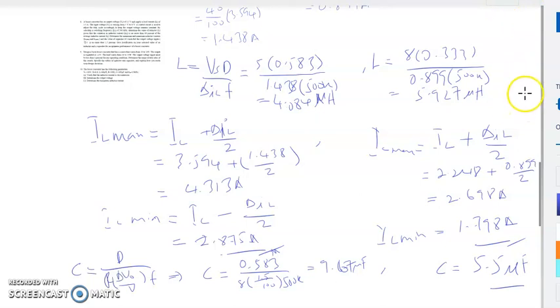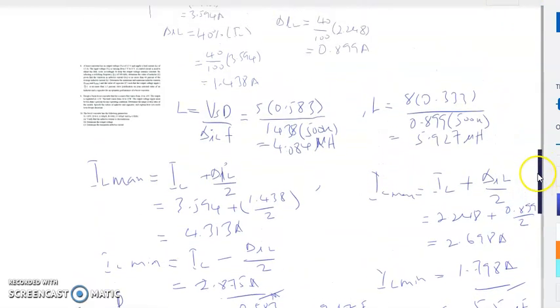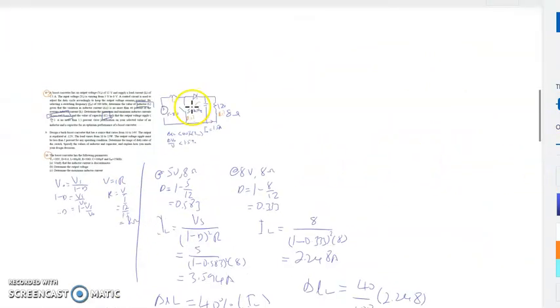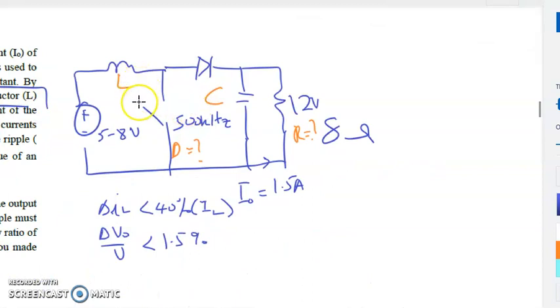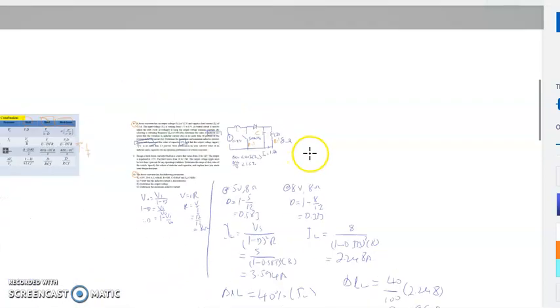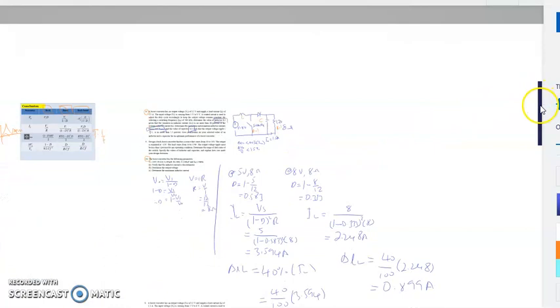So which one, in terms of capacitor and inductor, should we use in our circuit? Based on what we have learned, the bigger the inductance value and the bigger the capacitor value, the better for our regulation.